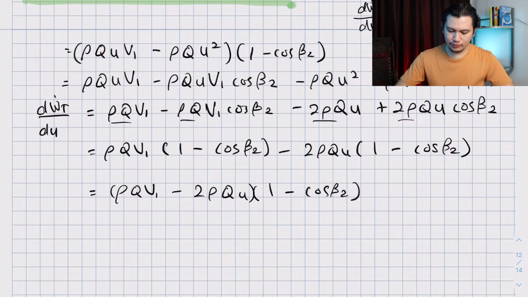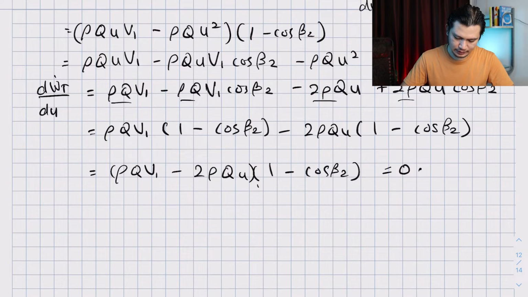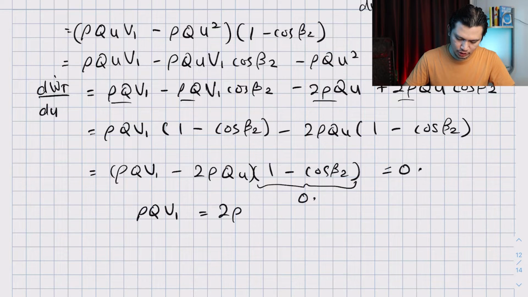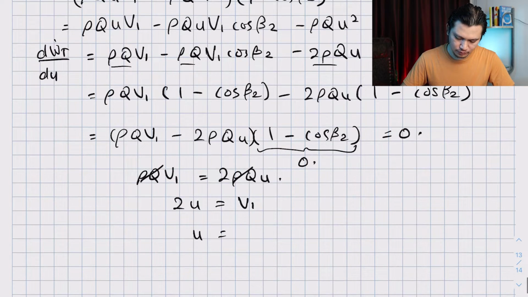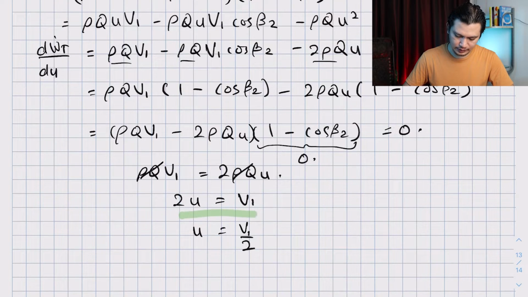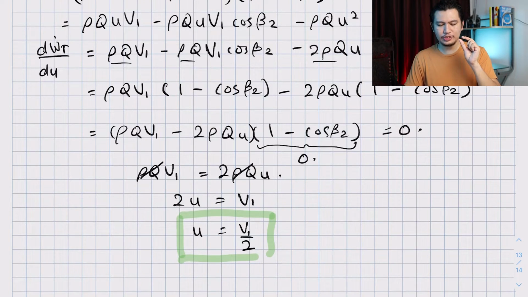And if I equate this with 0, I can have rho Q V1 equal to 2 rho Q U. And if I cancel this out, I can have 2U equal to V1, and U equal to V1 over 2. This is important. Whenever U is equal to half the jet velocity, you get the maximum power.